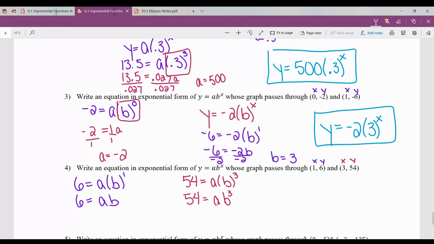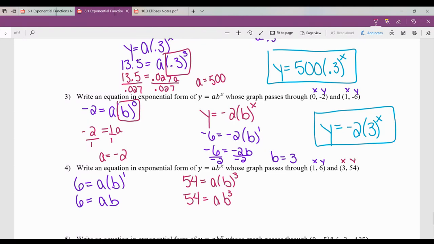Okay, so now let's see. I have what is matching, which is an a. So what I'm going to do is solve for a. Okay, so I'm going to get a by itself here, and I'm going to get a by itself here.